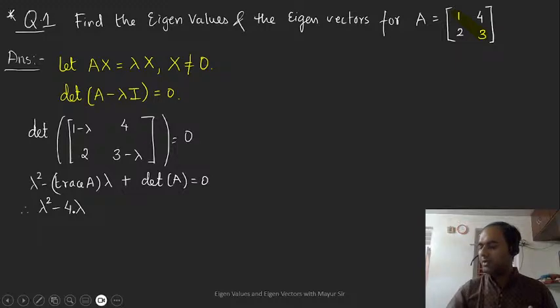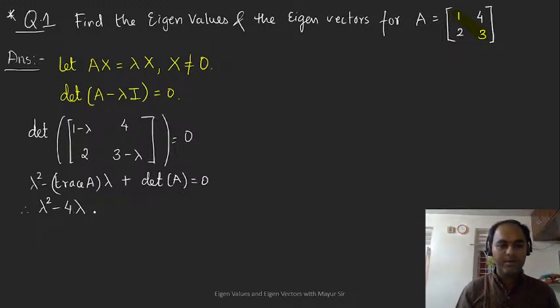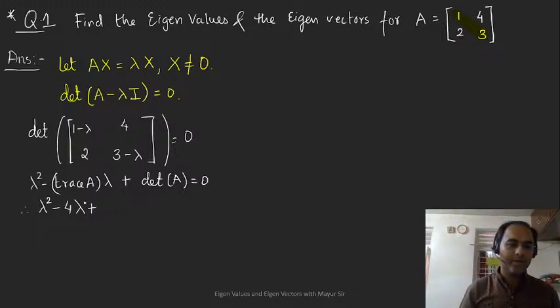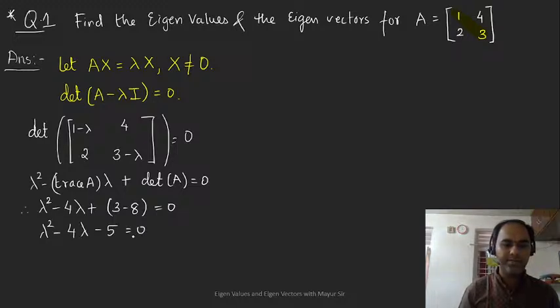Now the determinant over here is 3 minus 8. So 3 minus 8 is the determinant, equal to 0. So you have lambda square minus 4 lambda minus 5 equals 0.